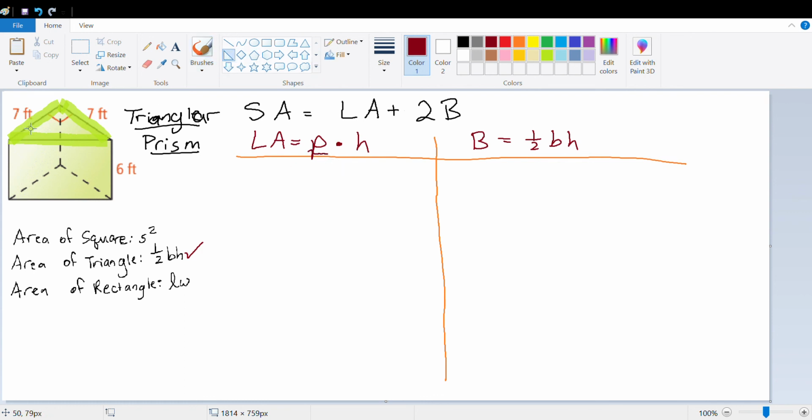And let me just redraw the triangle that we had over there. Let's draw it with a darker green. Okay, so I know that my right angle is right at this corner, and I know that one of the sides is 7 feet, and the other one is 7 feet. You're probably wondering, how can I figure out which one?